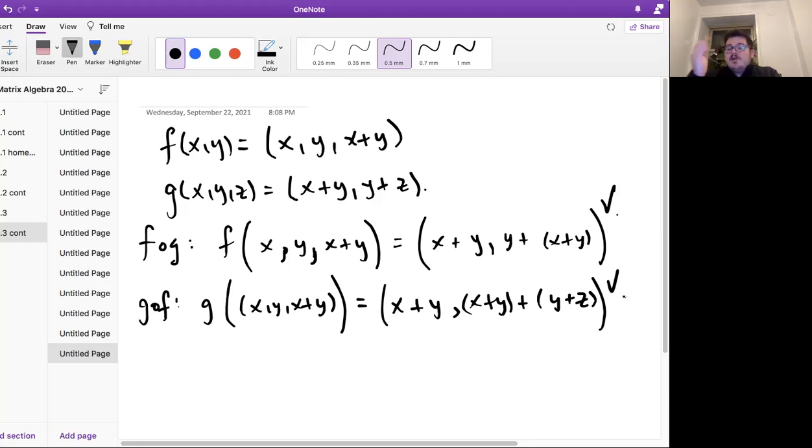So yes, the output of the first thing in your composition, by first I mean closest, has to fit. Remember what these mean. G is x plus y, y plus z. This means your first coordinate, which is your x, plus your second coordinate, which is your y. That's why you get x plus y.